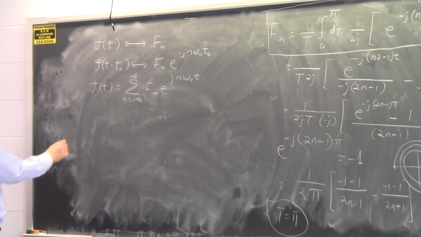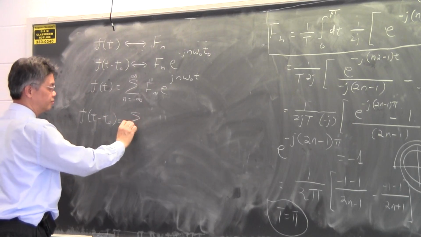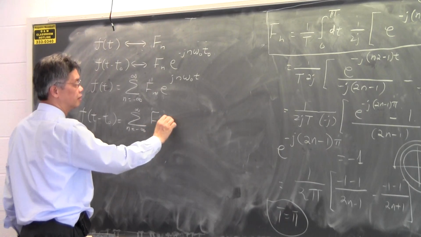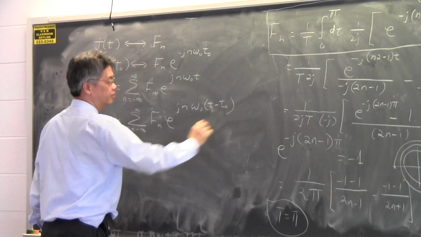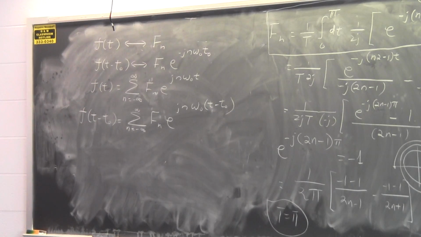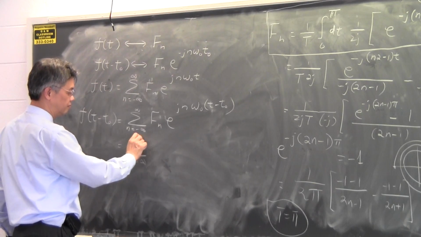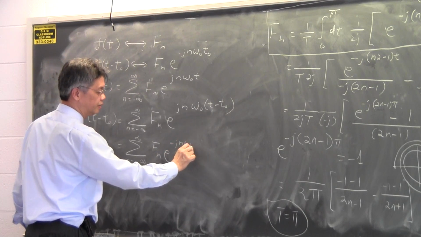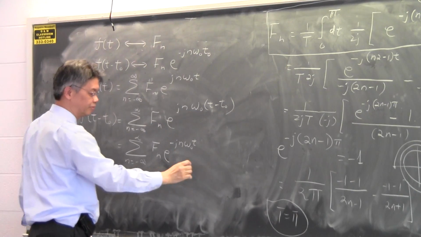So by direct substitution, f of t minus t naught must be the same as this thing. And then just replace t with t minus t naught. Okay, this must be true. And then I rewrite the right hand side with e to the minus j n omega naught t naught. I use the product rule for exponentials and write this as two terms.